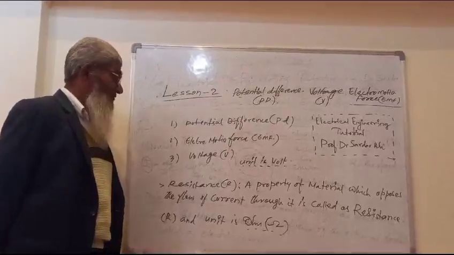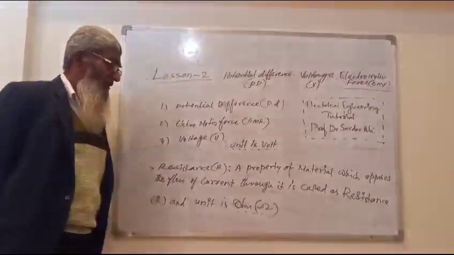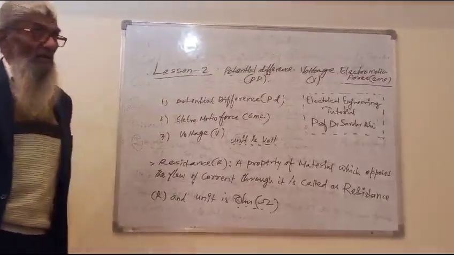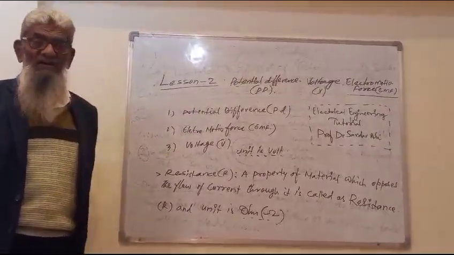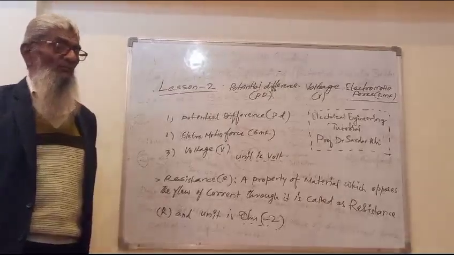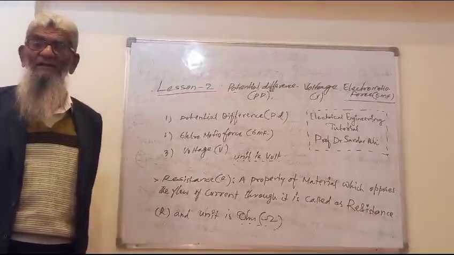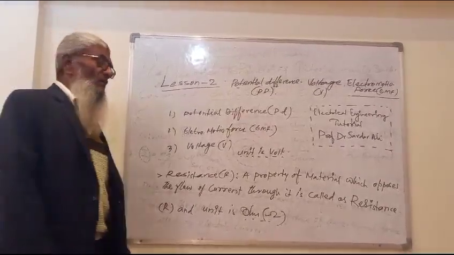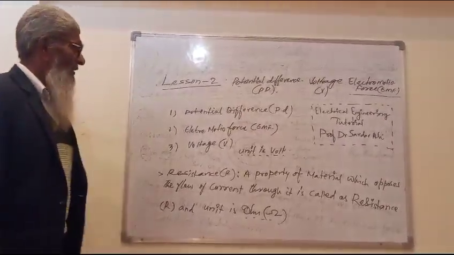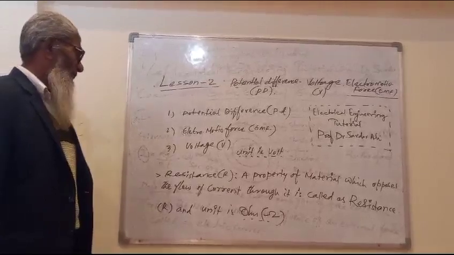The next is the resistance. See, current, as I told you in the previous class, in lesson number 1, current does not have any existence of its own. It is a part of the metal only. So the movement of the electrons forms the current.